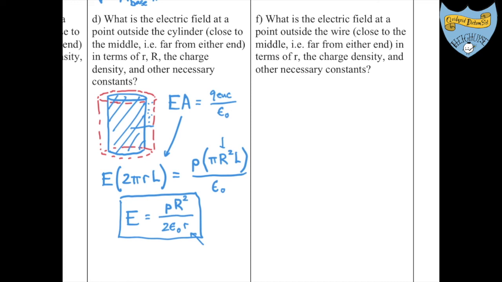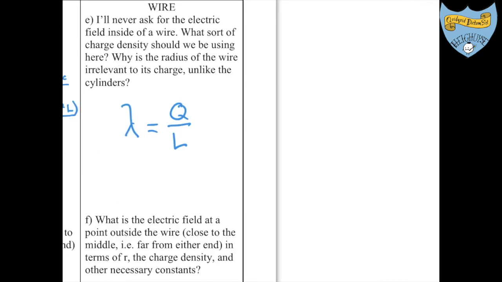All right, let's take a look at the wire. Part E is not asking for an electric field inside the wire because it says I'll never ask that. Charge density for something like a wire, though, is lambda. It's a linear charge density, right? Charge per length, which makes the radius of the wire completely unimportant. It's not part of the formula, right?